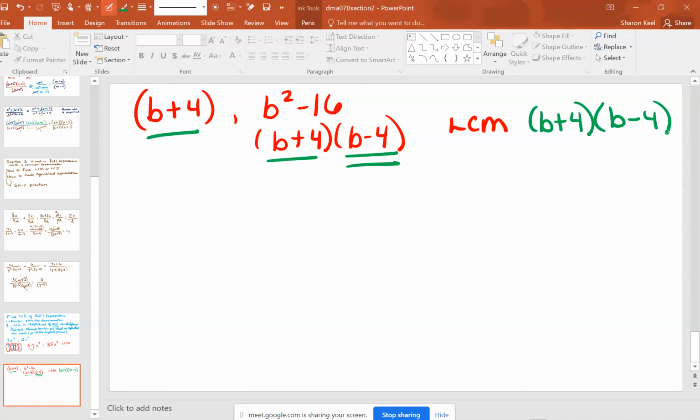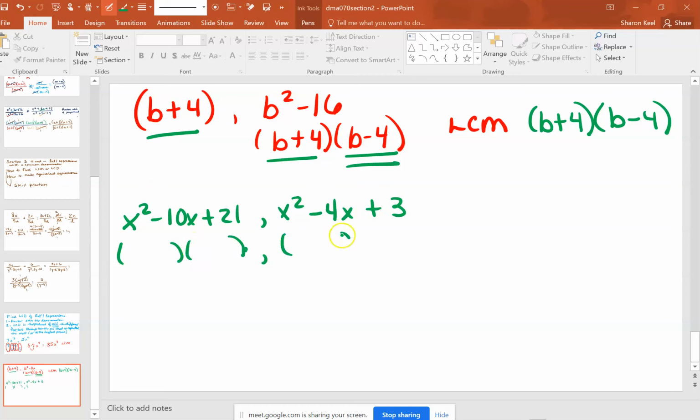Okay, let's take this one. For this, I have an x squared minus 10x plus 21, and I have an x squared minus 4x plus 3. Both of these can be factored into two binomials. So for this first one, we're going to have an x minus 3 and an x minus 7.